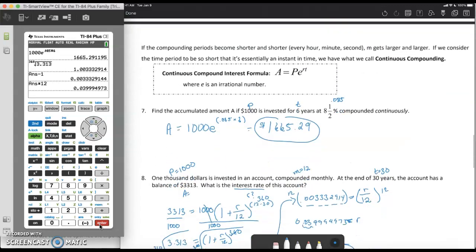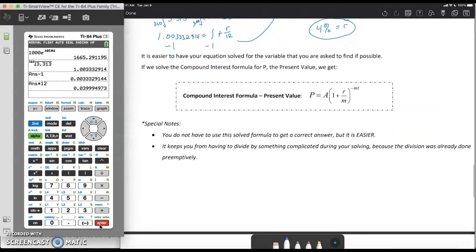I just happen to think it's easier if this equation has already been rearranged. It's the same equation, just rearranged and solved for P. I think it's easier to use this to find P when necessary, instead of doing the solving in the original equation. So I prefer to use this.